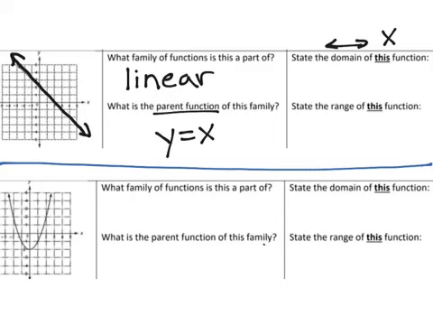So if we're talking about the domain, that's how far could I go to the right and still find a point? Well, I could go down and find a point right there. I could go to the left as far as I want and still find a point. So for the domain of that, we're going to say that the domain is all real numbers, and the way that we write that is with a fancy R like that. So that's all reals. Maybe just make a note at the top that that means all real numbers.